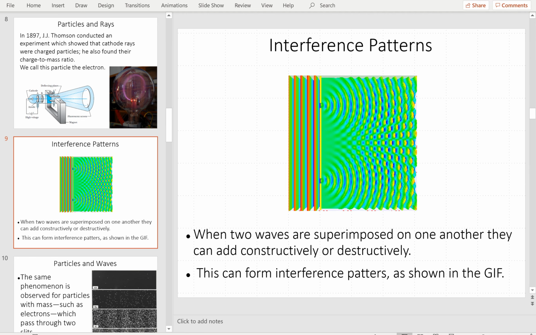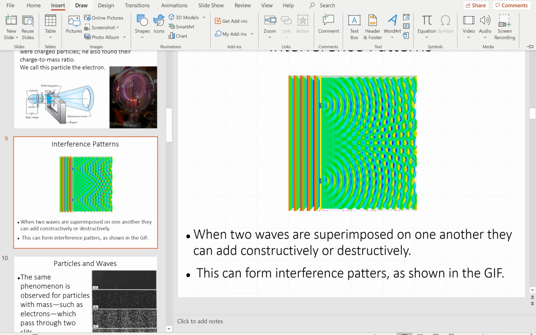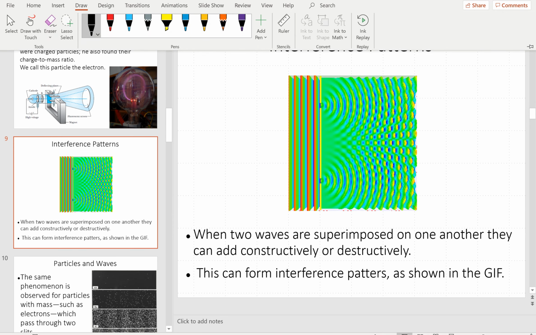If you were to emit waves toward a barrier with two openings, two slits, those waves would interfere with each other, with themselves, and they would produce what's called an interference pattern. This is unlike particles. If you were to take a bunch of particles and throw them at a wall with two holes in it, right?